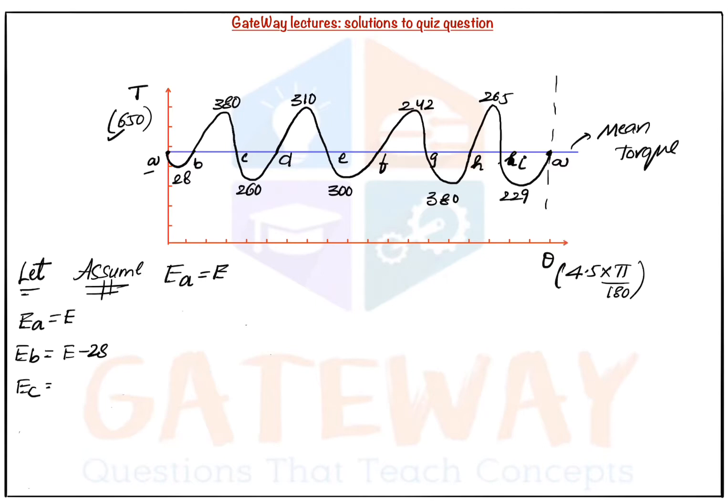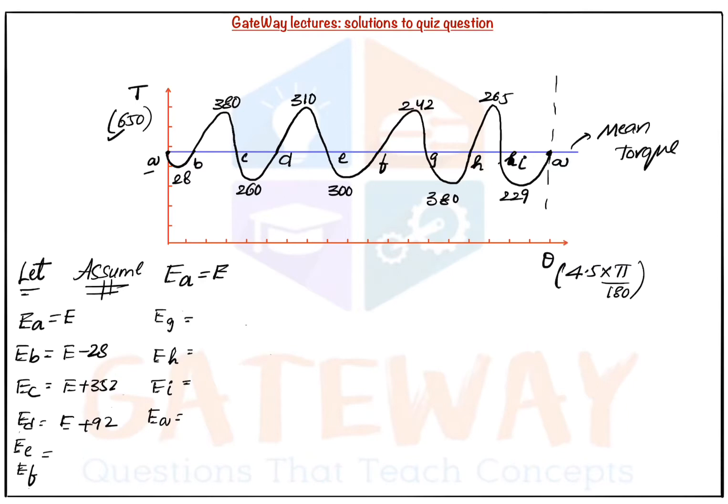E at C is E minus 28 plus 380, E plus 352. Next E at D, E at E, E at F, E at G, E at H, E at I, and again E at A. We'll calculate each and every value. E at D is E plus 352 minus 260, so it is E plus 92.